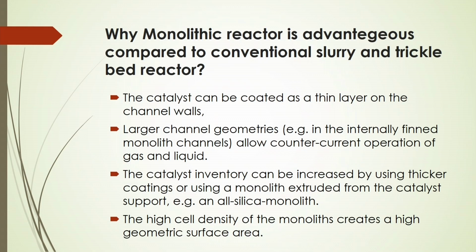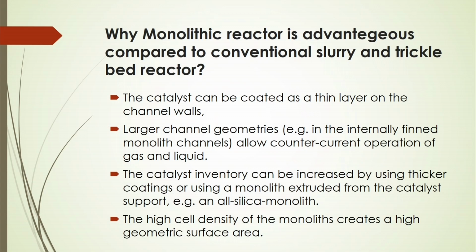The catalyst inventory can be increased by using a thicker coating or using a monolith extruded from the catalyst support, and also other structures based on the catalytic type. One example is an alumina-silica monolithic structure that can be used to increase catalyst inventory by its thicker coating or by using a monolith extruded from the catalyst support.